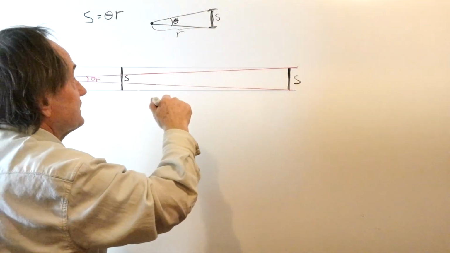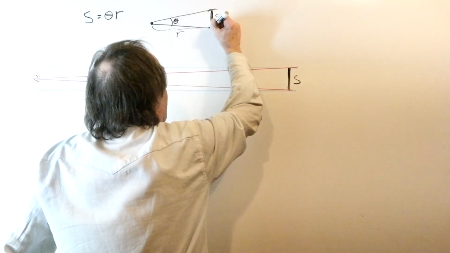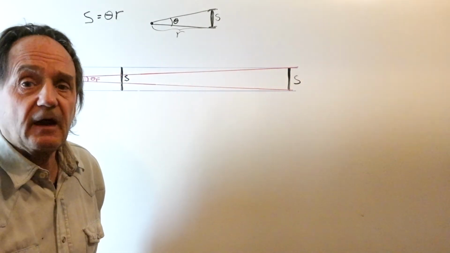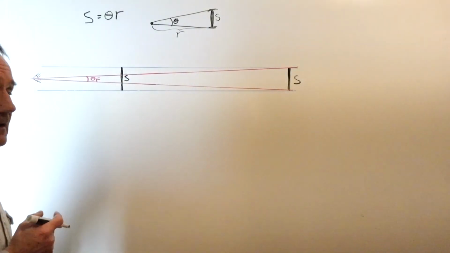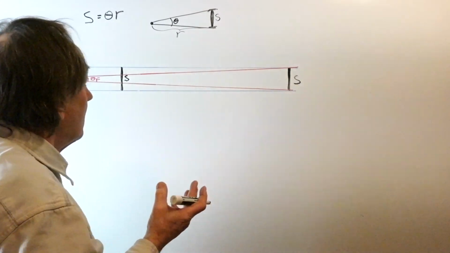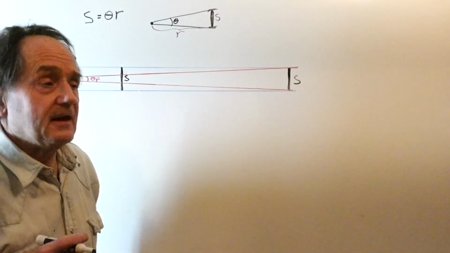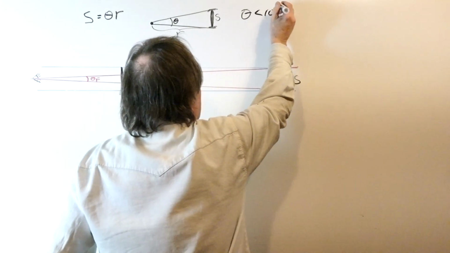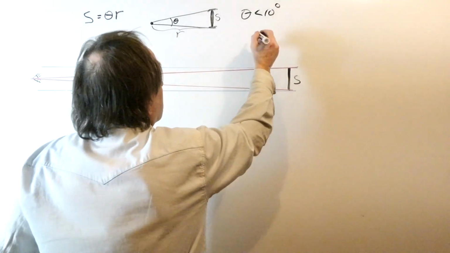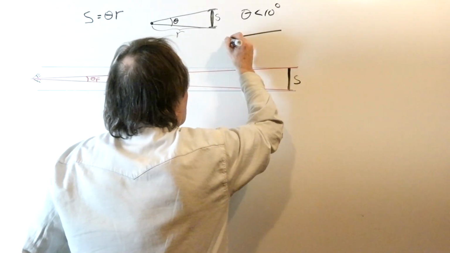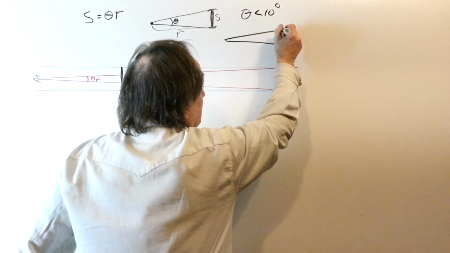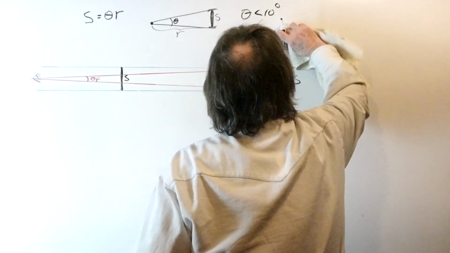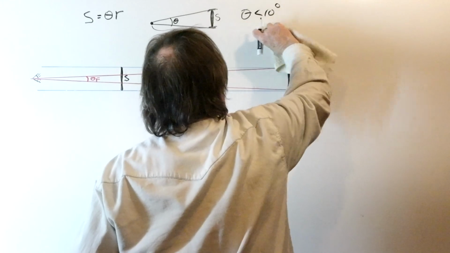And as long as the angle is small, the actual arc compared to the straight line distance is very tiny and insignificant. I'll derive that in a later module, where we can actually calculate how much that error is. But if the angle theta is less than 10 degrees, the difference between sweeping out an actual arc and the straight line distance is insignificant.